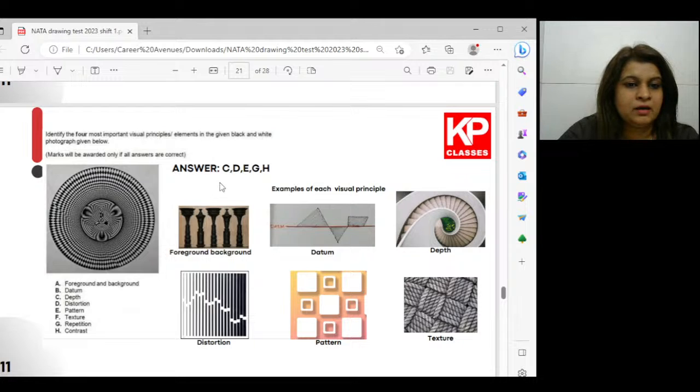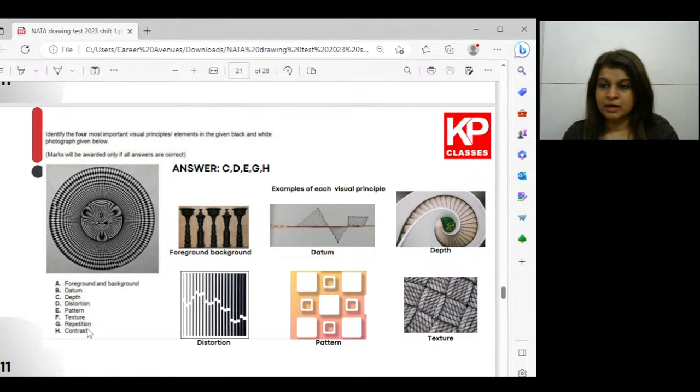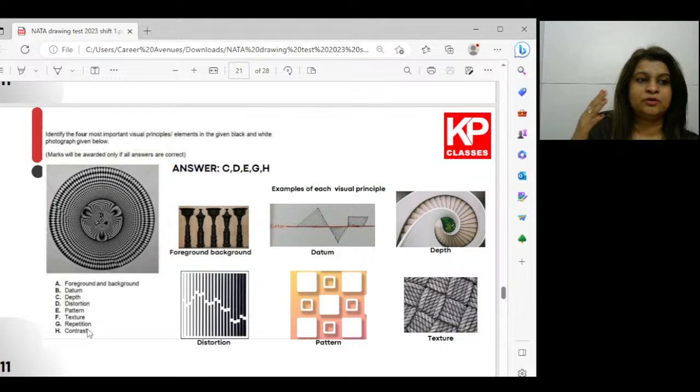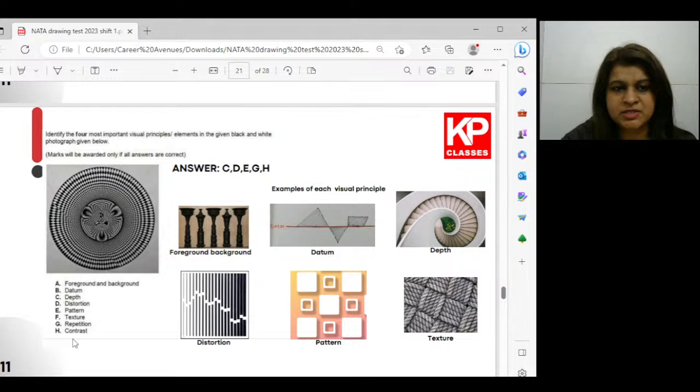Then we have pattern. Definitely, there's a very strong pattern present in this photograph, followed by repetition. Wherever you have pattern, you will have a particular element repeating at a specific interval. And you have contrast: we can simply see a contrast of black and white. Hence, that forms an important visual principle.